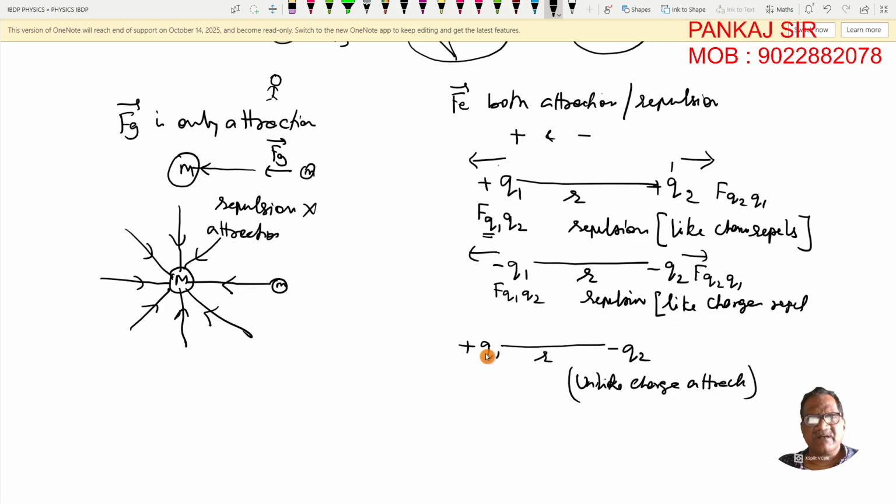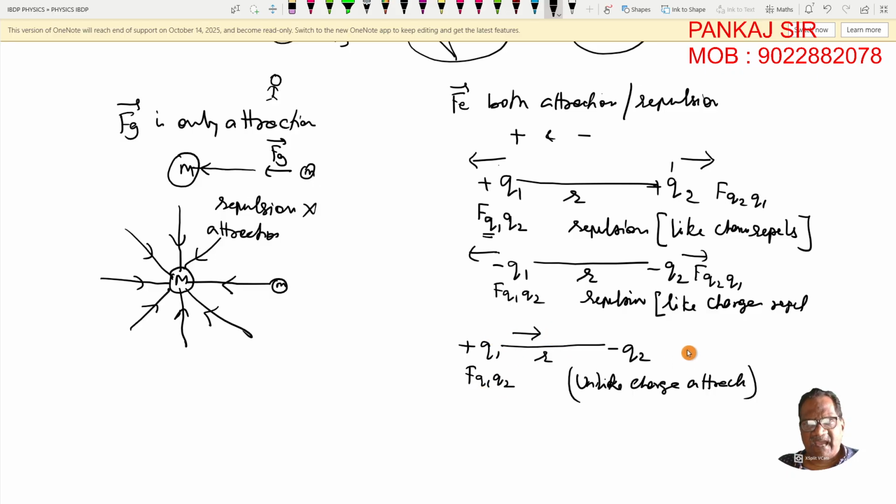But when the charges are unlike, one is positive and one is negative, F Q1 Q2 means the force acting on Q1 because of Q2. Now what will this Q2 do? It will move the charge Q1 in this direction, isn't it? So F Q1 Q2 will be in this direction.